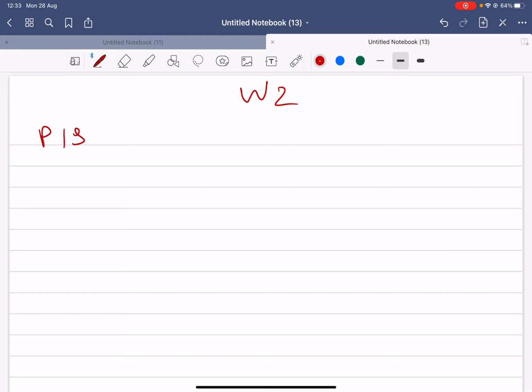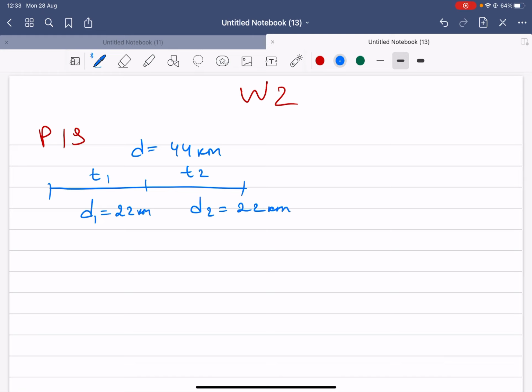Problem number 19, right? So we have a total distance of 44 kilometers, and half of it was covered as d1, which is 22 kilometers, and then we have time 1, which is covered in d1. Then we have t2, which is covered for d2, which is also 22 kilometers.